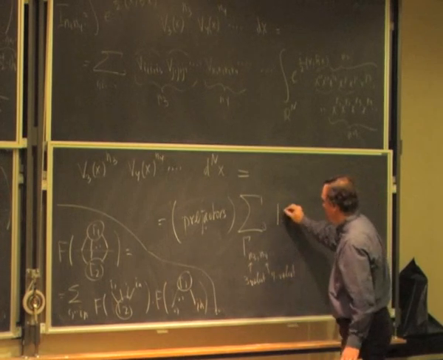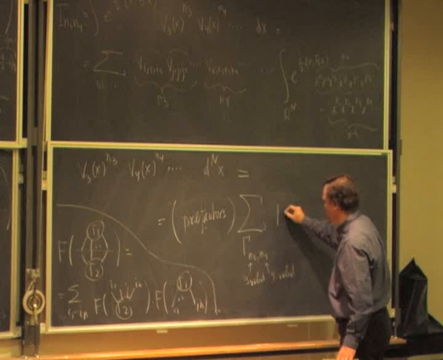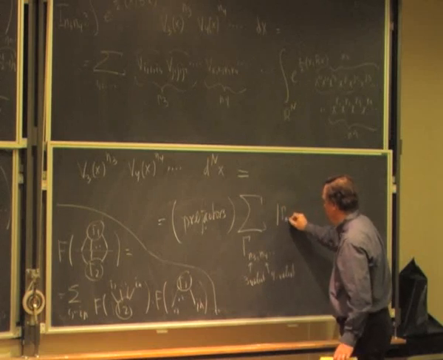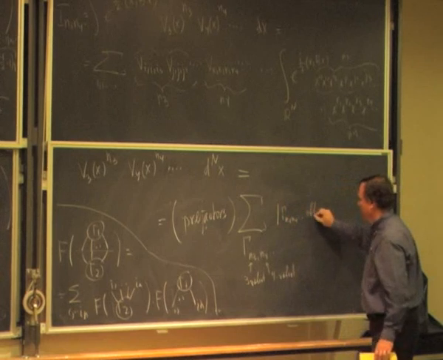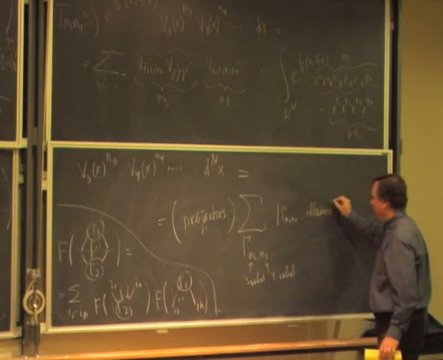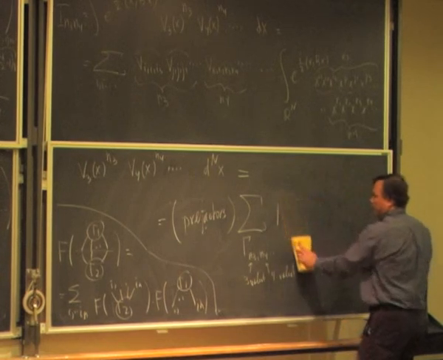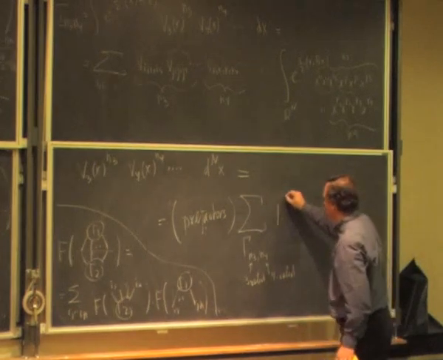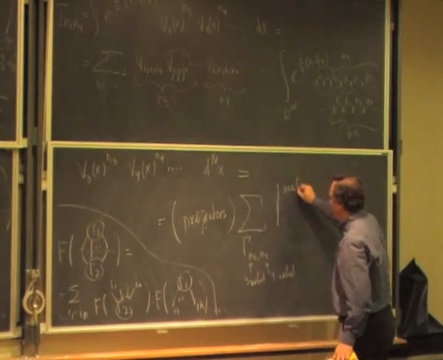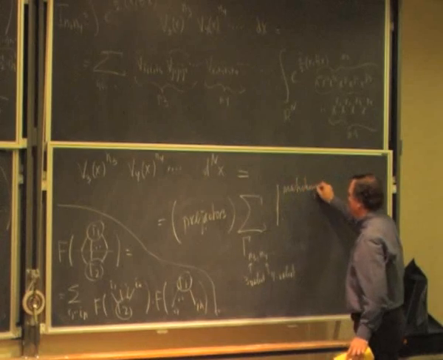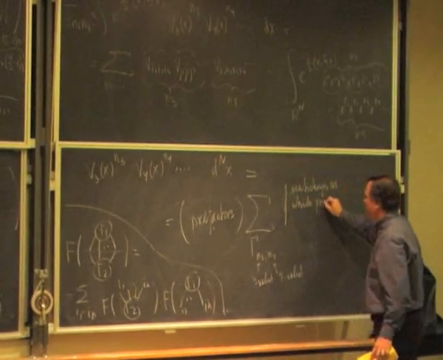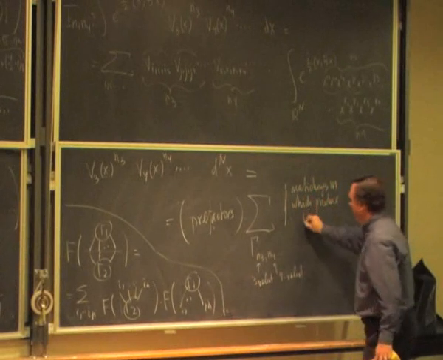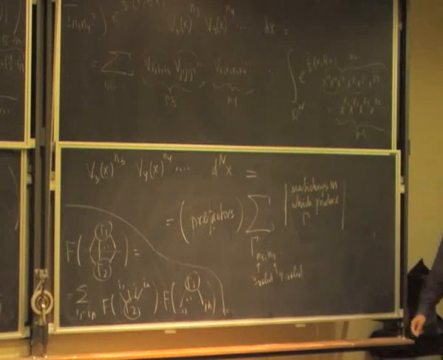Then the number of perfect matchings m which produce the same graph gamma.